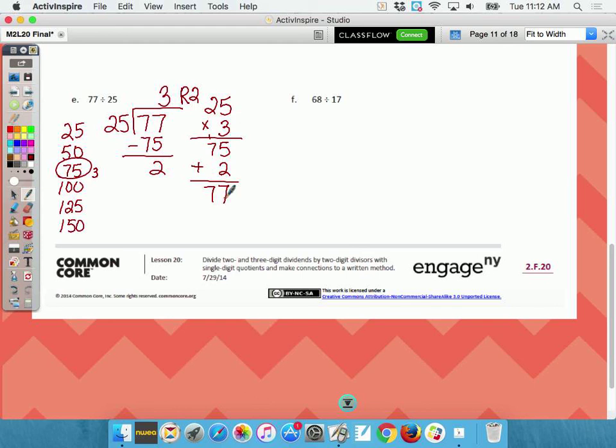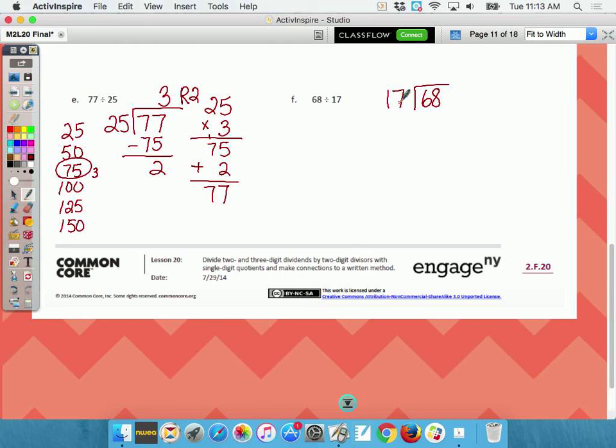Now F is really fun. It's easy. I don't want to make that a 20 because going up is going to mess me up a little bit. So what could I make the 17? 10. I can make it 10, but that's too far away. 15. Go ahead and write the problem first. And let's make it a 15. You already skip counted by, well, let's see if you get the same thing that the rest of us get.